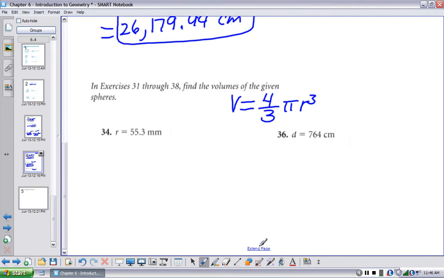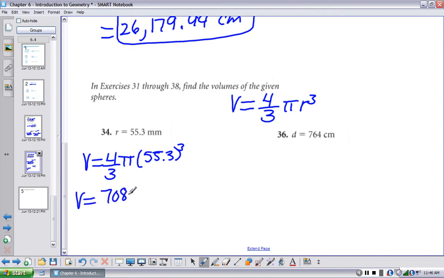So, again, number 34. We have volume equals 4/3 pi r cubed, 55.3 cubed. And when we do all that, we should get 708,376.27 cubic millimeters.